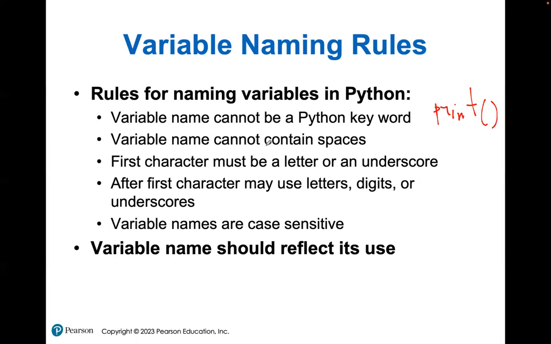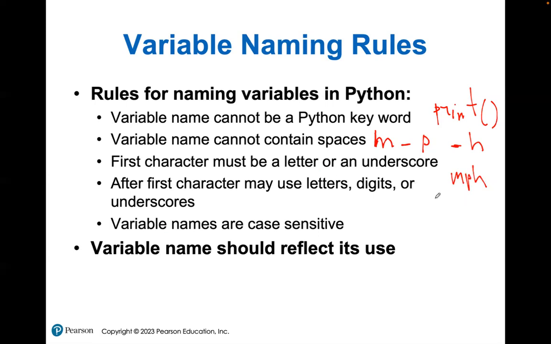Now, your variable name cannot contain any spaces, so it has to be one word. If you want to separate it, you can separate it using underscores. For example, if you want miles per hour, you can do it this way with underscores, or you can just write milesperhour if you want to name your variable like that.